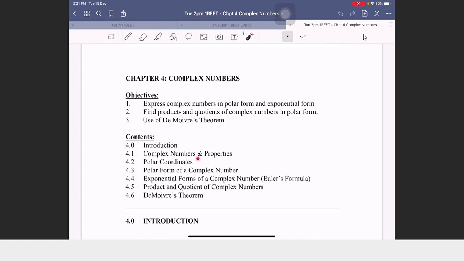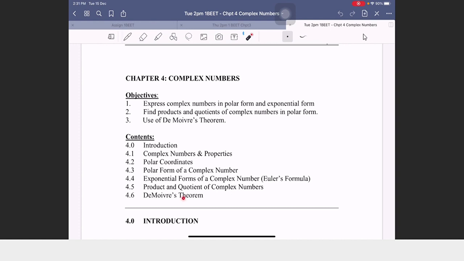You have complex numbers and their properties, which we are going to introduce today, as well as polar coordinates, then the polar form of complex numbers, the exponential form of a complex number, or Euler's formula we call it, products and quotients of two complex numbers, and the last one, using De Moivre's theorem to find powers or exponents of complex numbers.